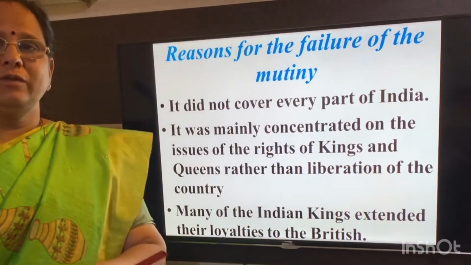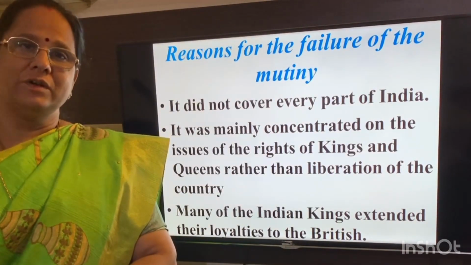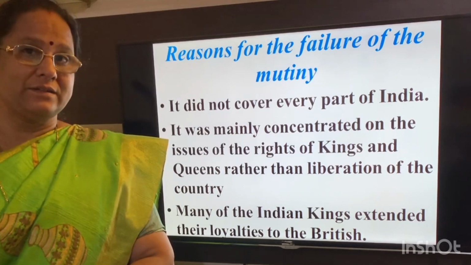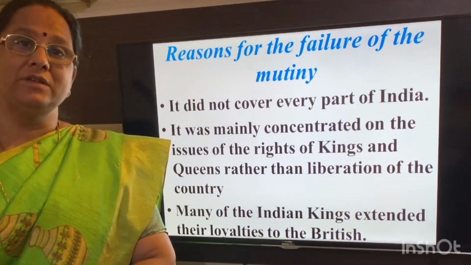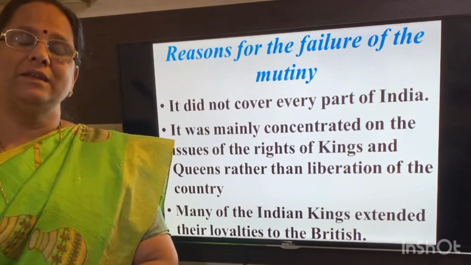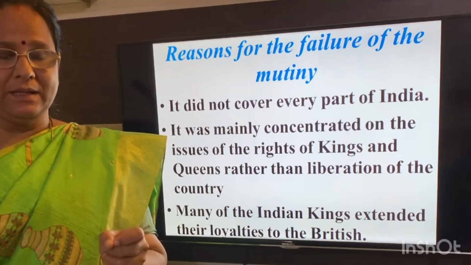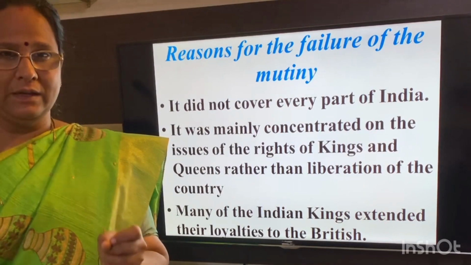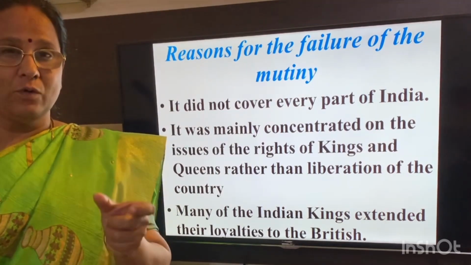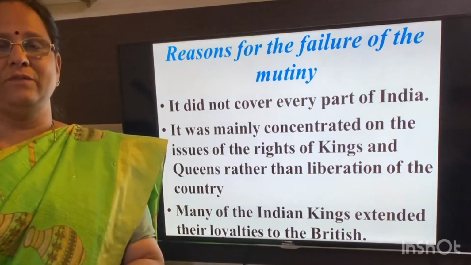So the reasons for the failure of Indian independence. First point is the entire country did not take part in the First War of Indian Independence. Remember, entire country did not take part in the First War of Indian Independence. That is Revolt of 1857.